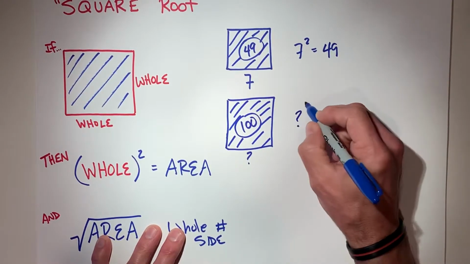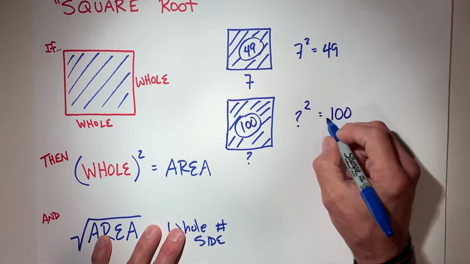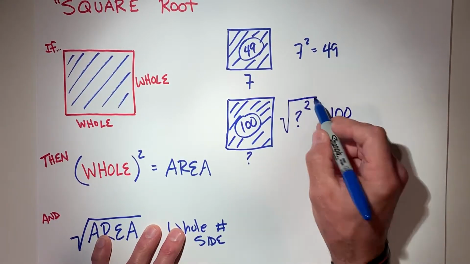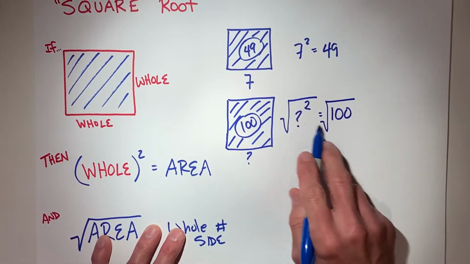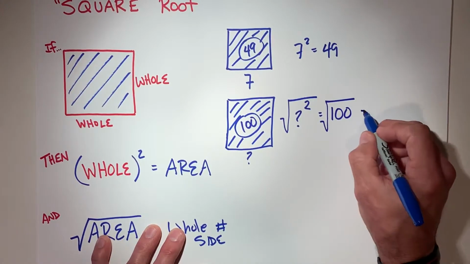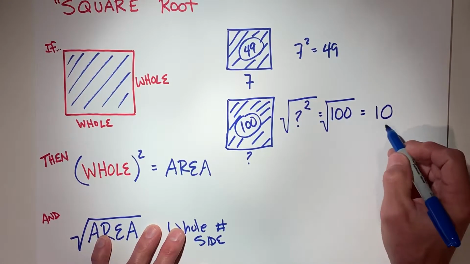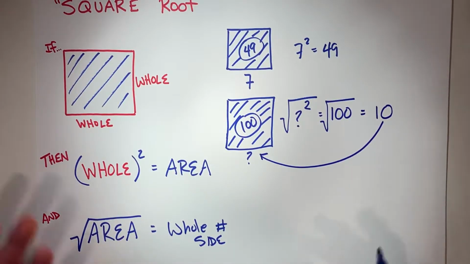What number squared equals 100? And if you're not sure, here comes the symbol, the square root of that and the square root of this. Now, this doesn't really help us. However, the square root of 100 will mean what number times itself is 100. We could come up with the number 10, and now we know that 10 is the missing side of a square. So that is what a square root is.